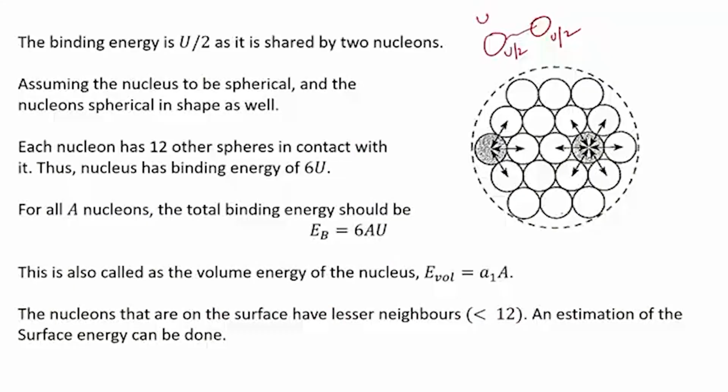It can undergo a slight bit of distortion, which eventually gives rise to the quadrupole moment, but it cannot completely change its shape. So, the shape would remain constant, and that is why it is like the intermolecular forces in a liquid.